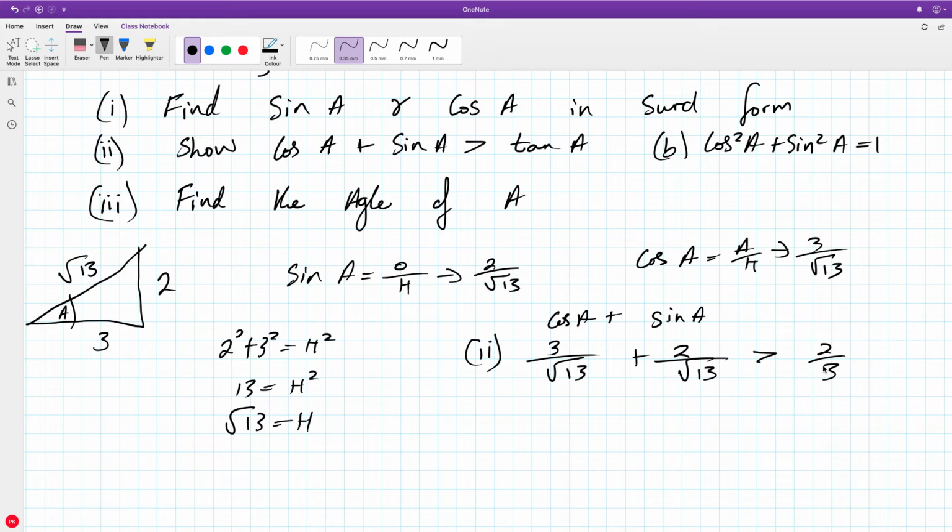So 3 over root 13 plus 2 over root 13 is 5 over root 13, which is 1.38, greater than 2 over 3, which is 0.666 recurring, which is true.